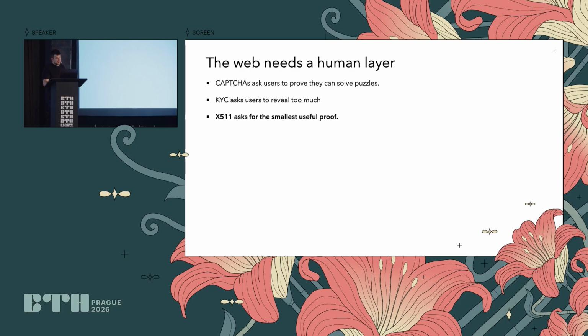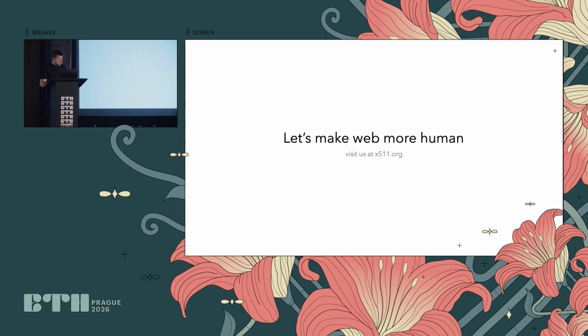KYC reveals too much, so you can get kidnapped. So only X511 asks for the smallest useful proof. And basically, that's it. Let's make the web more human, and visit us at x511.org. Thank you.